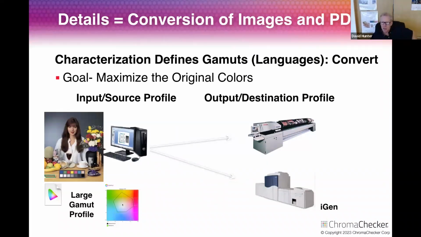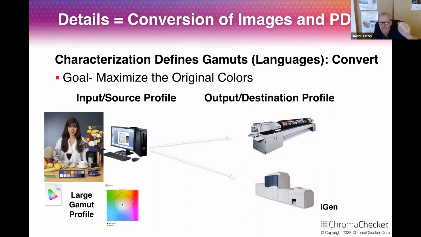There's a number of these on the market today. I'll talk about a couple of them today specifically, but by taking your image, and you can all try this at home. Take an image, bring it into Photoshop. If it's CMYK, your Photoshop's defaults hopefully are on GRACoL or SWOP, something along those lines.